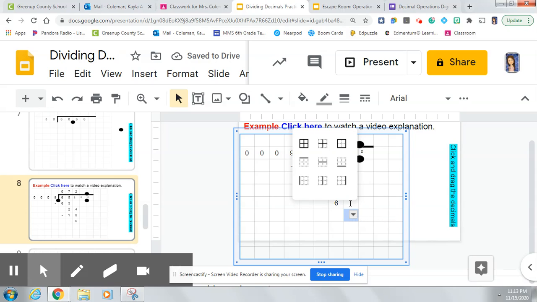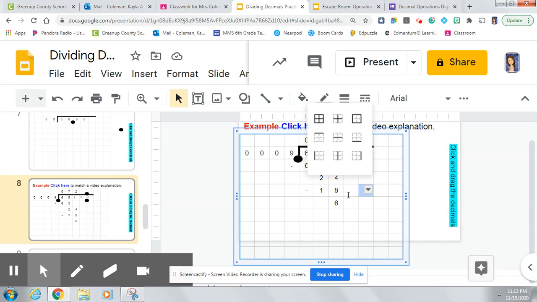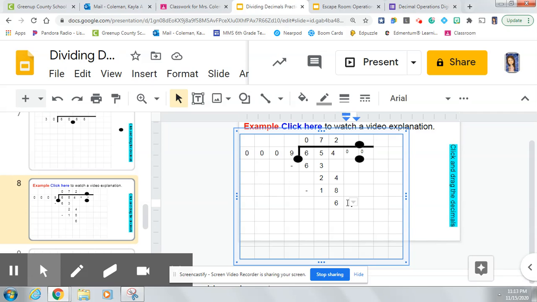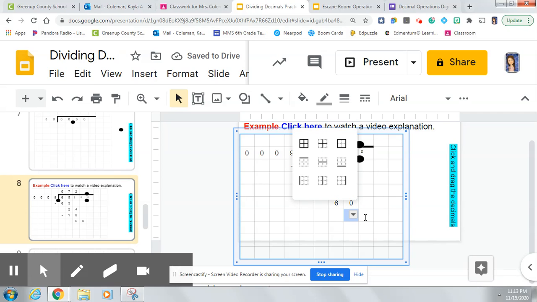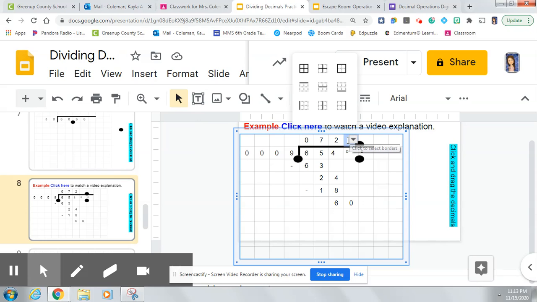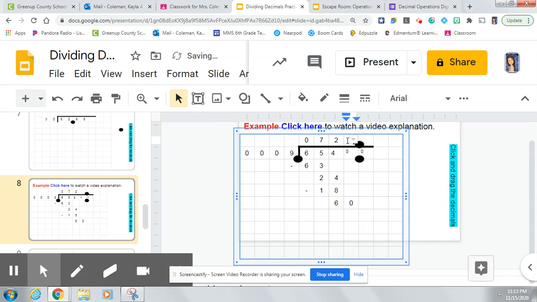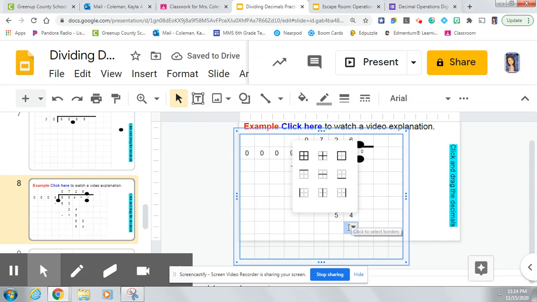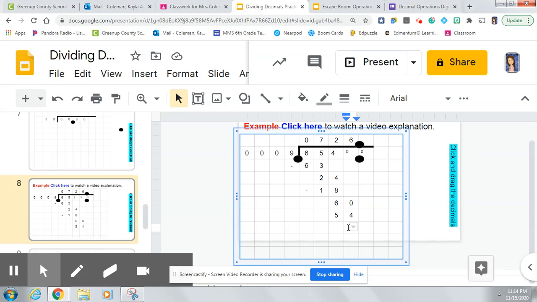And now we start bringing down our zeros. So bring down the 0, we're going to have 60. And we're going to ask how many times 9 can go into 60. 9 can go into 60 6 times. 6 times 9 is 54. 60 minus 54 is 6.